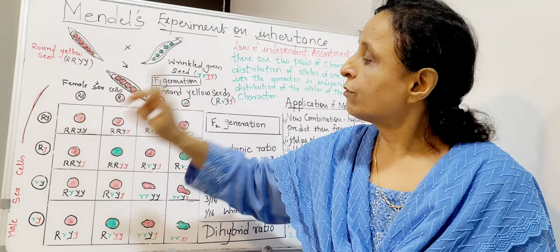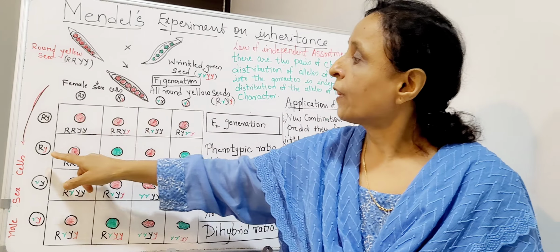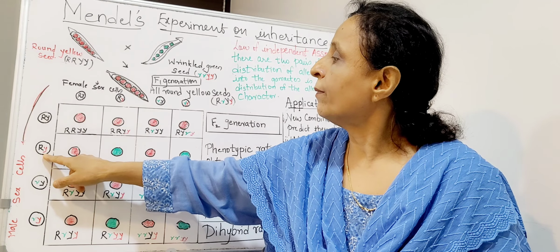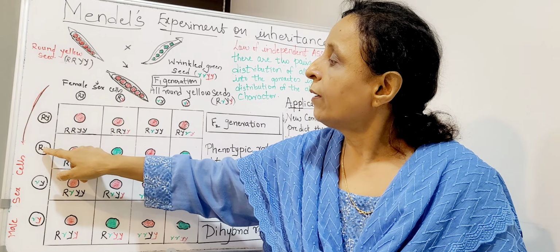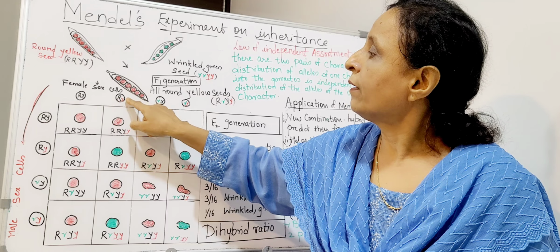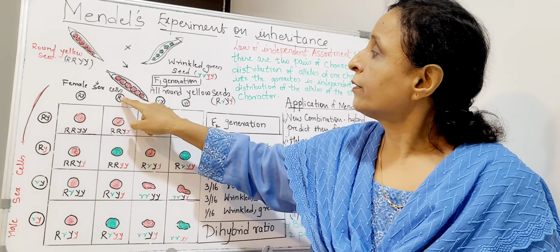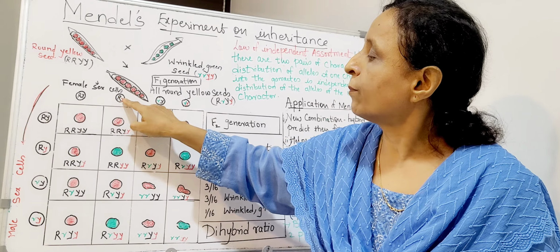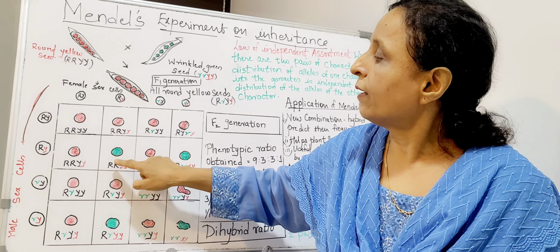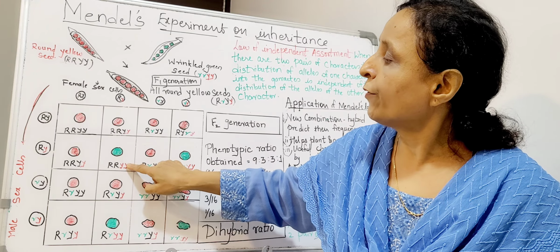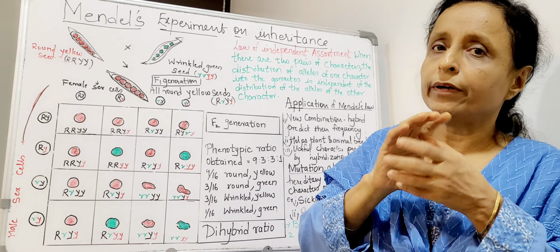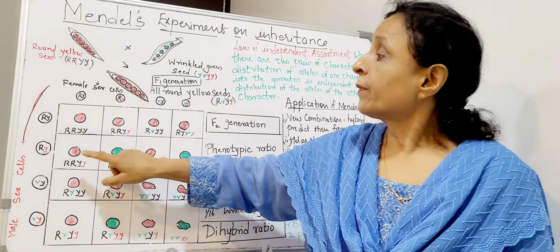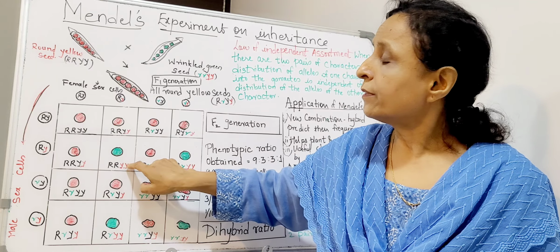Now this combination combines with capital R, small y and capital R, small y, so capital R, small y. Capital R is present, so it is going to be round and smooth. Now capital Y is not present.